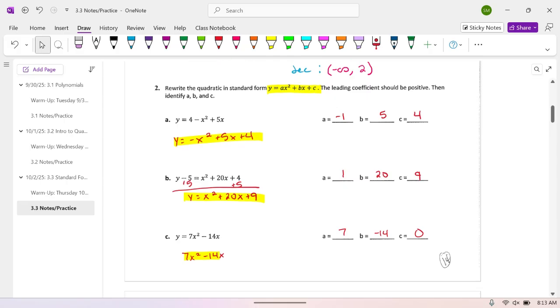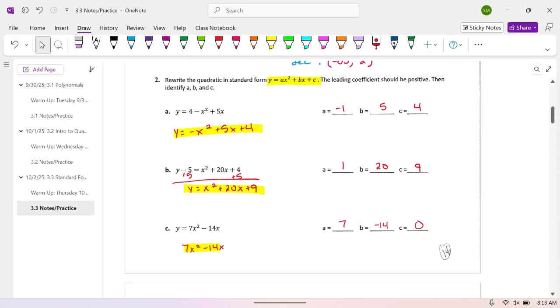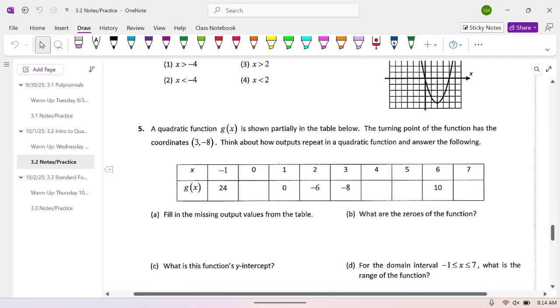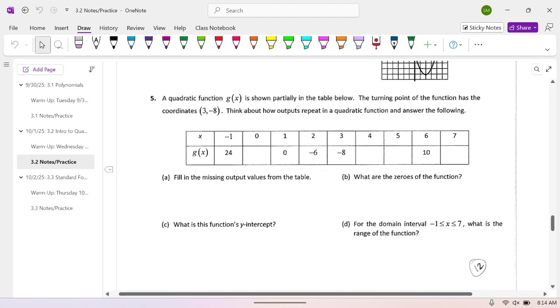Also, were there any questions from the homework last night before I move on? It was like number 5 on the 3.2 part. Like I don't understand what it's asking. So with number 5, it was saying put the missing output, so fill in these blanks.